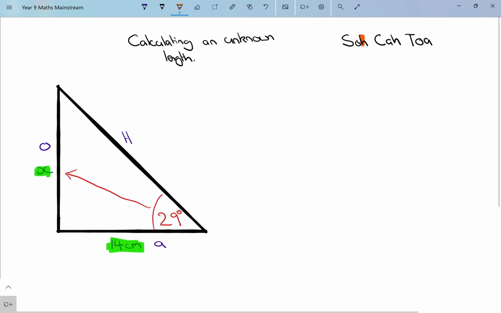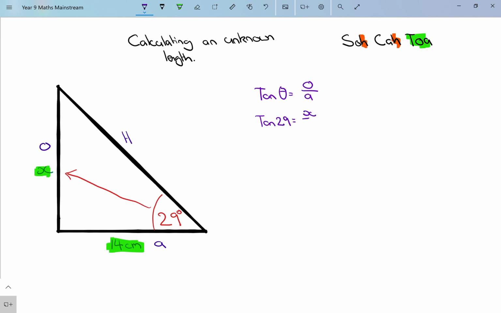So here, the only trig ratio that doesn't use the hypotenuse is tan, which is tan theta equals the ratio between the opposite and the adjacent. So now we populate that formula. So tan 29 equals x over 14.